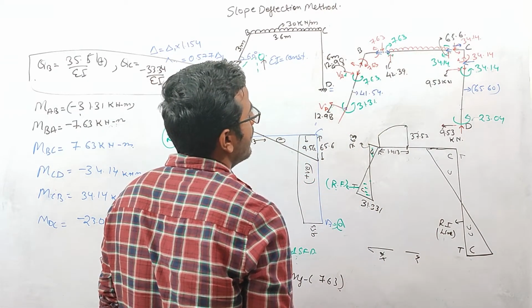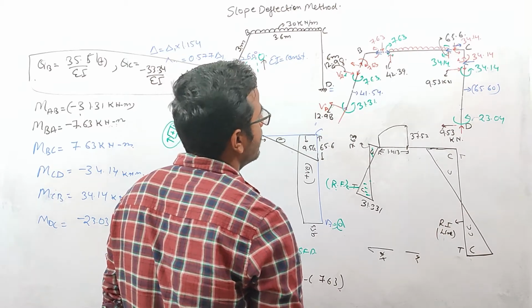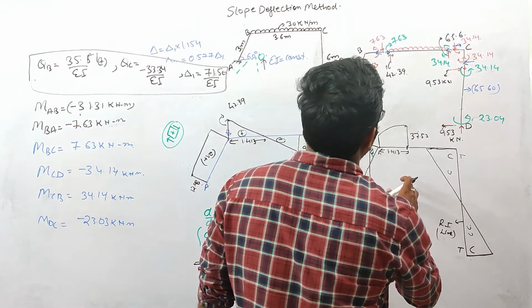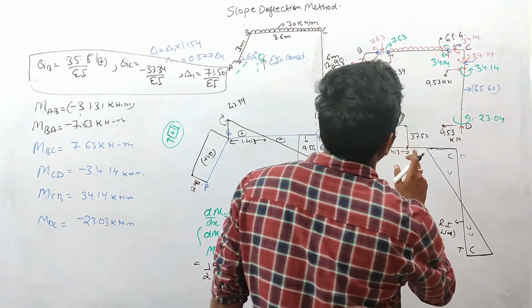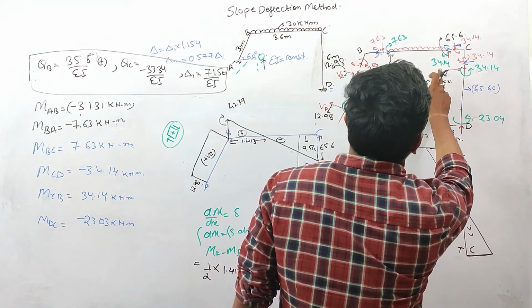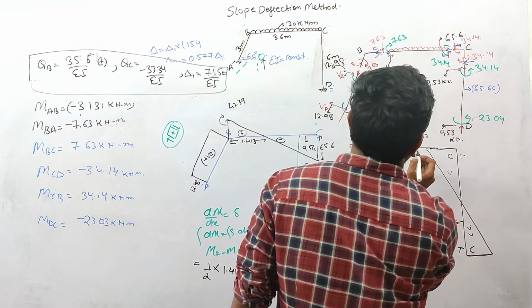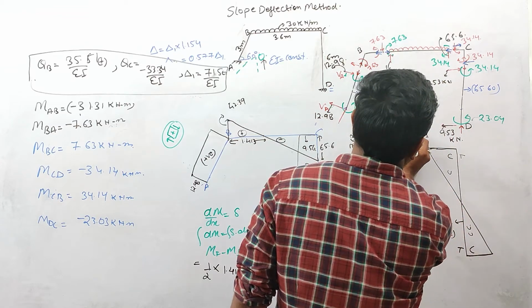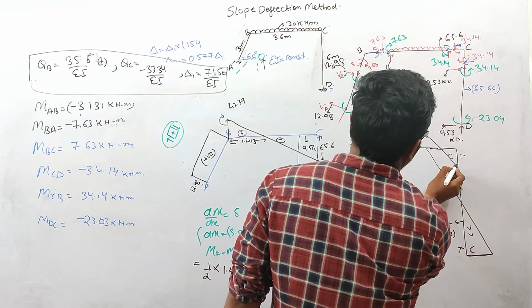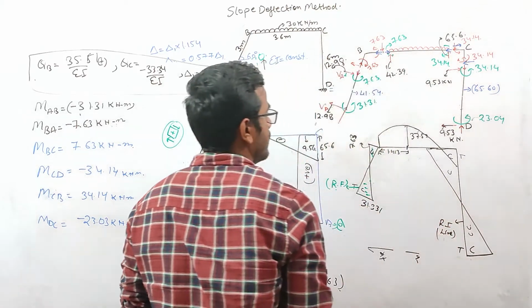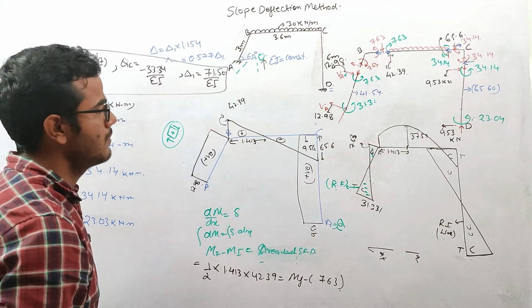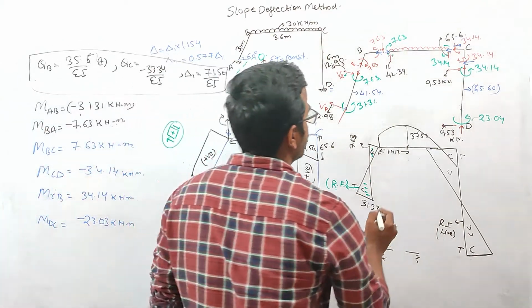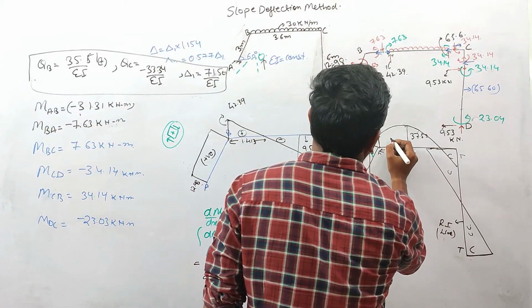And at the end the value is basically 34.94 and it is in the negative direction. So at some point the value will be 0. So this is the bending moment diagram, right?